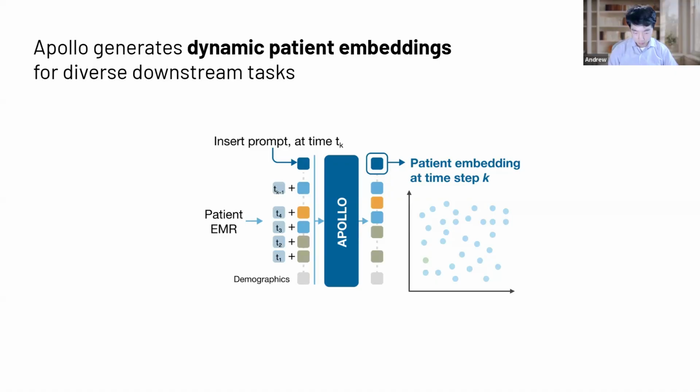The model generates an embedding at that point, and that is what we call the patient embedding. Of course, you could prompt with different tokens as well, but what we found was that, because so many of our tasks are disease-related tasks, the diagnosis prompt typically does the best.